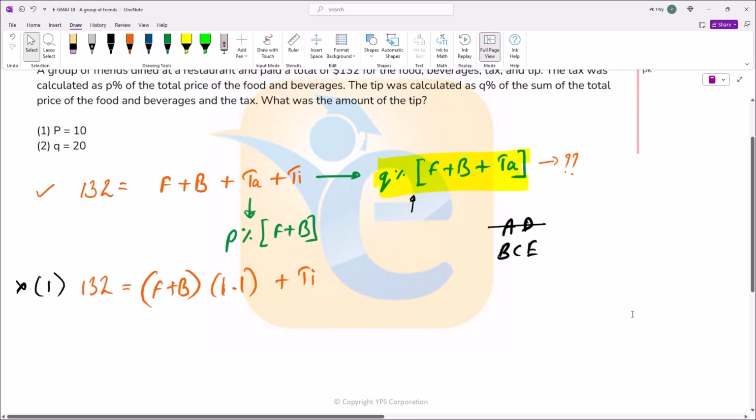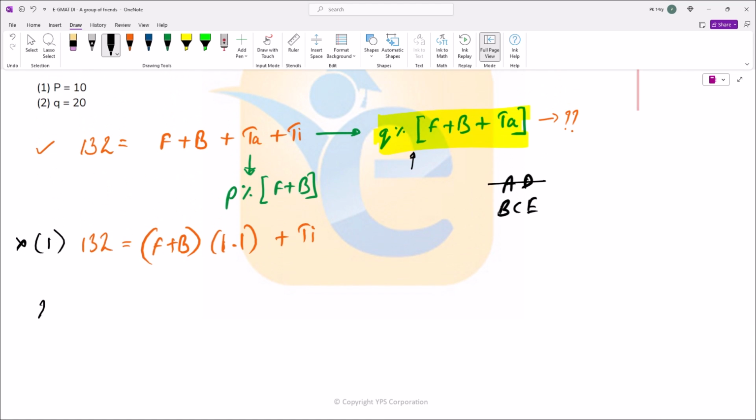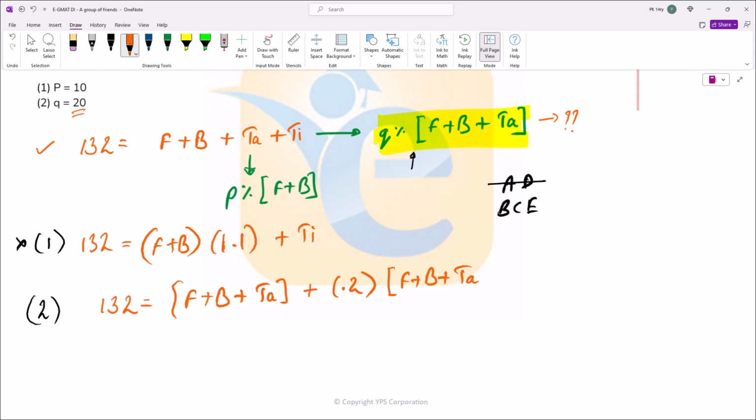Now let us move to statement 2. What does statement 2 give us? It gives us that Q is 20%. So basically 132 is equal to F plus B plus tax plus 0.2 times F plus B plus tax, because 20%.